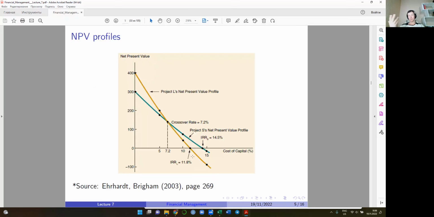What is graphically internal rate of return? Graphically, it is the point, the interest rate, where our dark yellow line crosses the x-axis, horizontal axis, is here. We computed it in the previous lecture, and it was 11.8%.